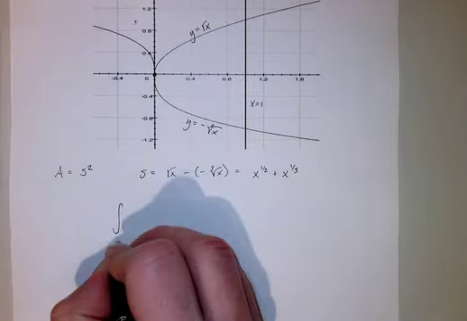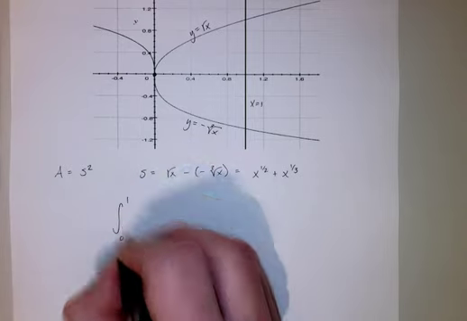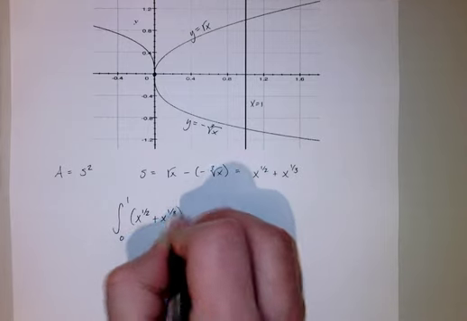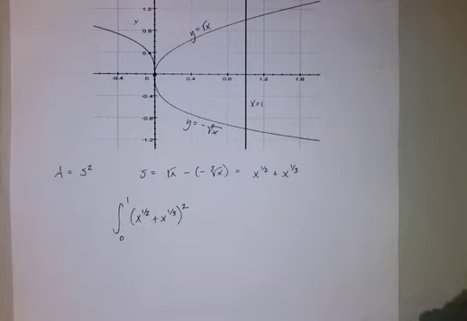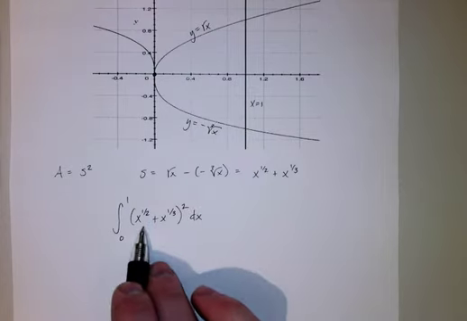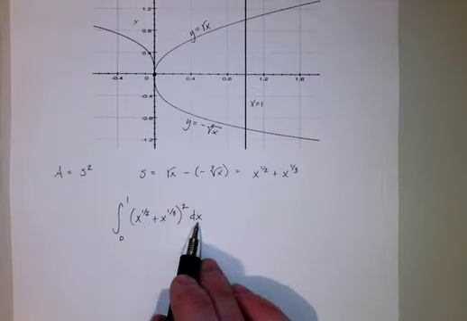Now, we know that it runs from 0 to 1. This is my s. I need my s to be squared in order to make it a square, and I need my width in order to turn this from a square into a square prism.